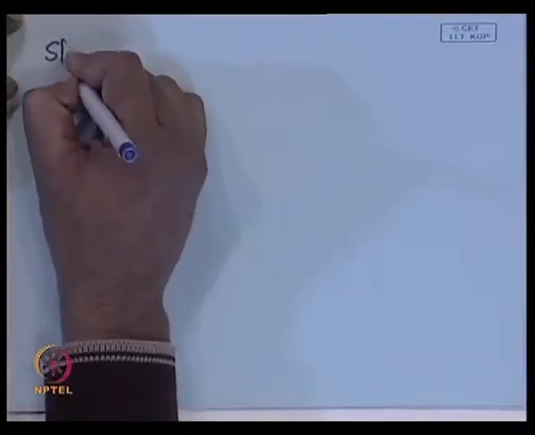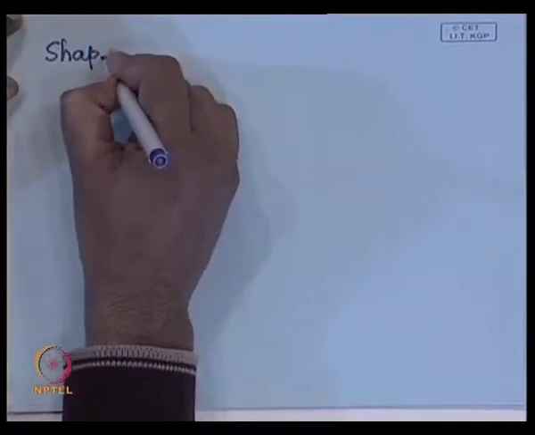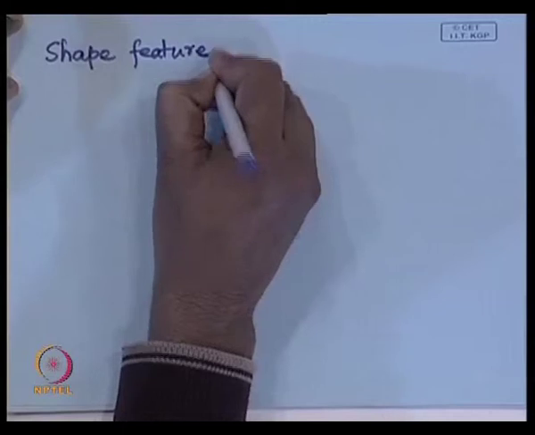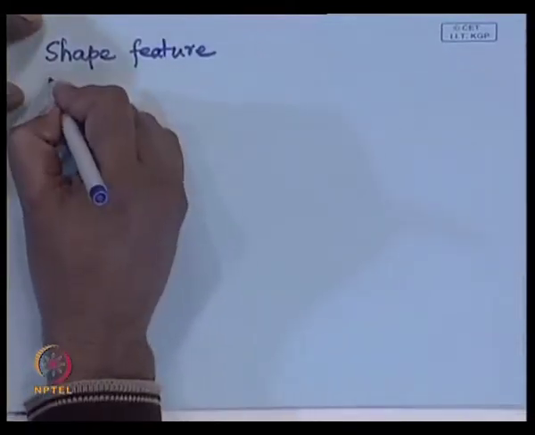So, coming to the case of feature extraction or descriptor extraction. As we said in the last class, we can have two different types of features. One is shape based feature, and the other one is region based feature.